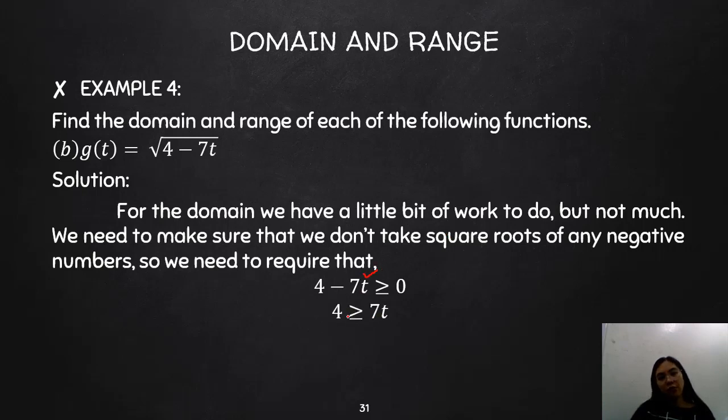Such that you have 4, transpose lang natin si 7t sa kabila. 4 is greater than or equal to 7t, or dividing both sides by 7, tapos parang switch lang natin, you will get a value of t less than or equal to 4 over 7.